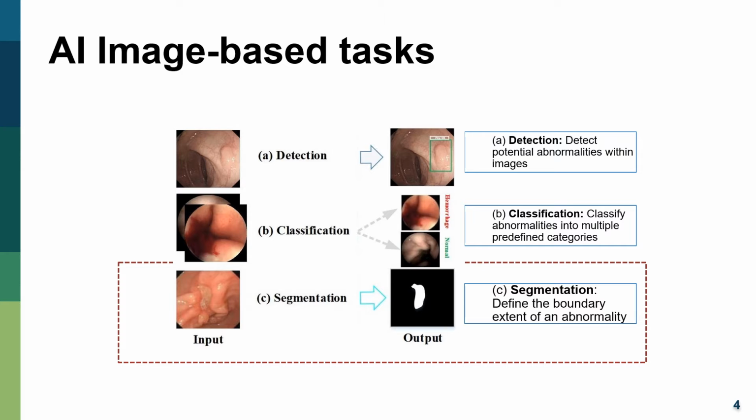Second is the problem of classification. There we try to classify the input images into multiple predefined categories. Last but not least, it is segmentation, how to define the boundary extent of an abnormality in the input images. This problem will be our focus in the work.